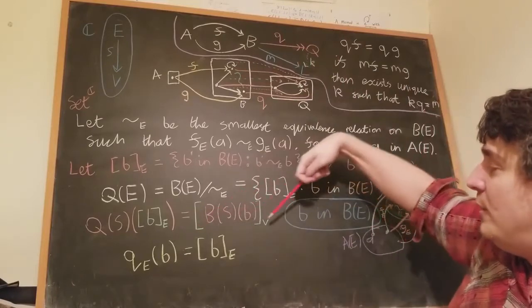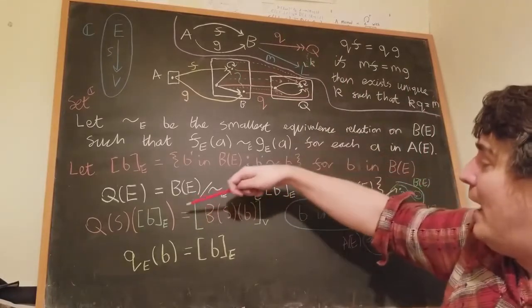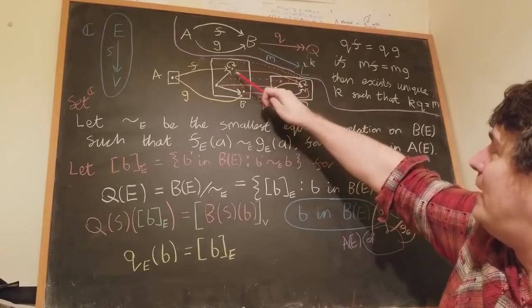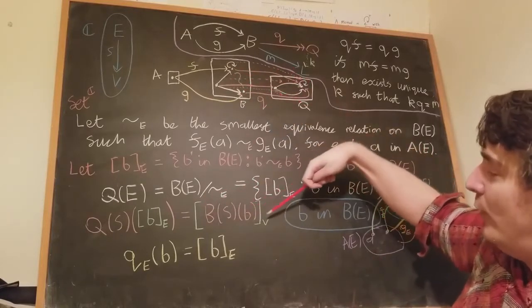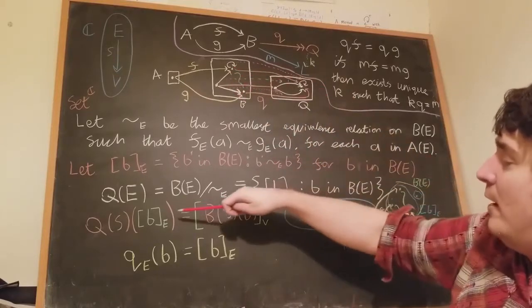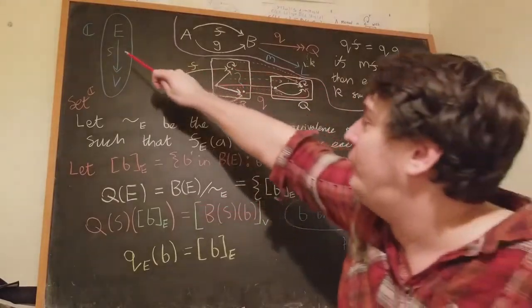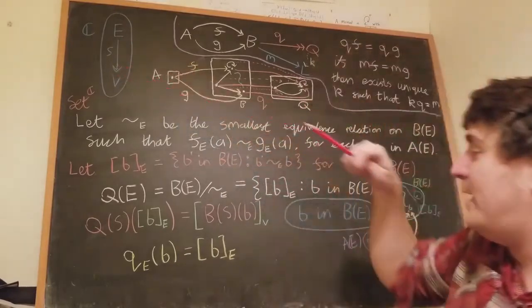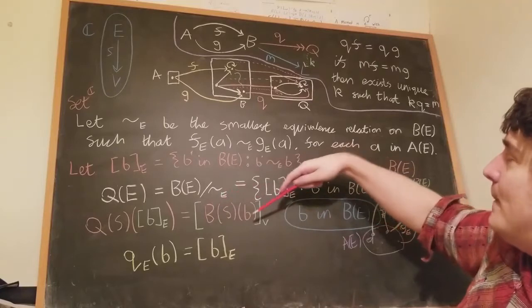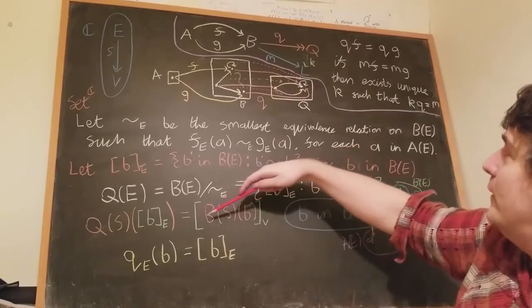And then all we do is we say, okay, where does that vertex get sent under Q? Or in other words, what's the equivalence class that it belongs to? So if we have this action S from object E to object V, then we'd want to be doing Q of little v.